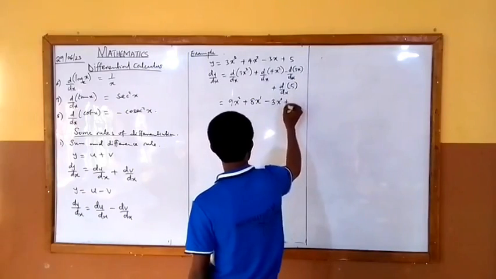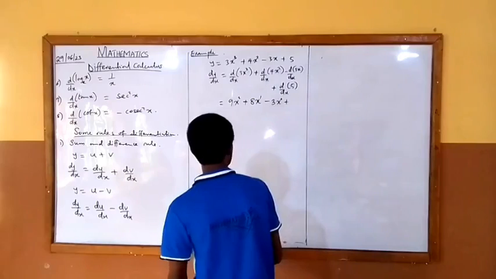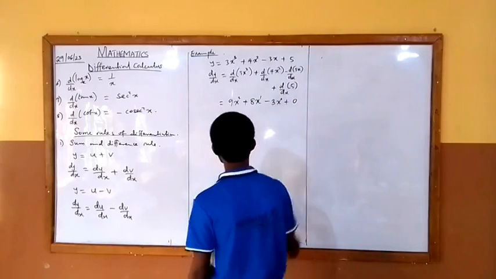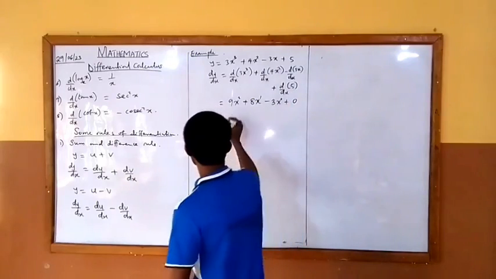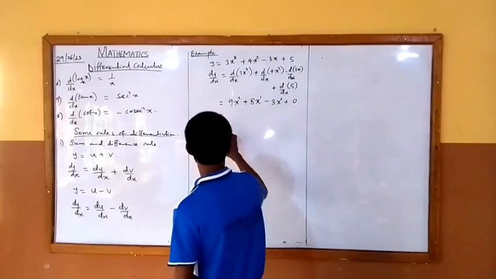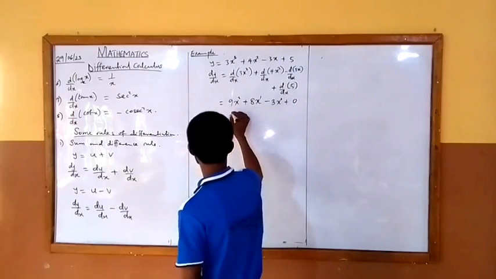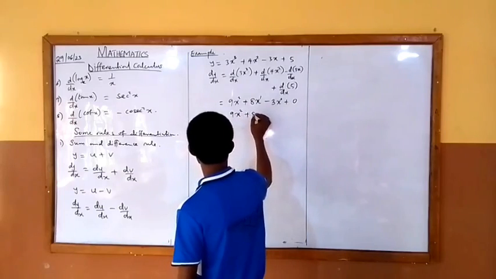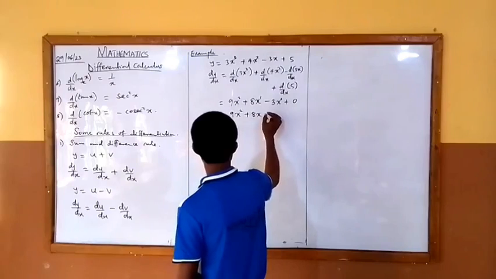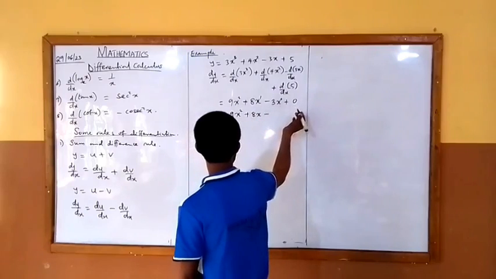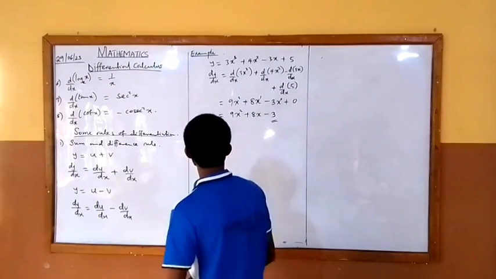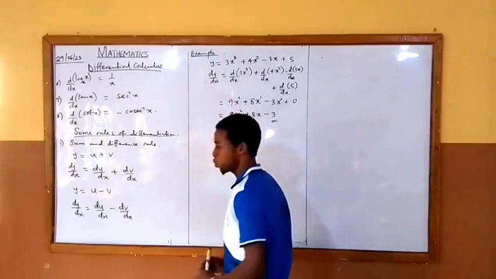Then plus, don't forget that derivative of a constant is 0. So 5 here is a constant, and that's 0. And therefore, finally, you can write the answer as 9x squared plus 8x minus, of course, x raised to power 0, that's 1, minus 3. So this is our derivative of y with respect to x.